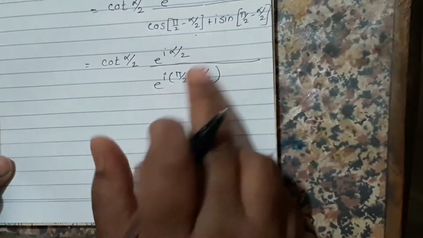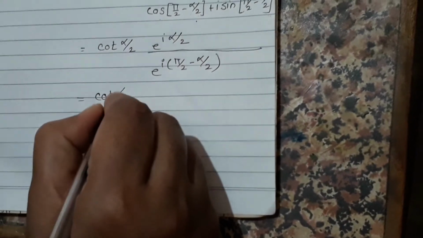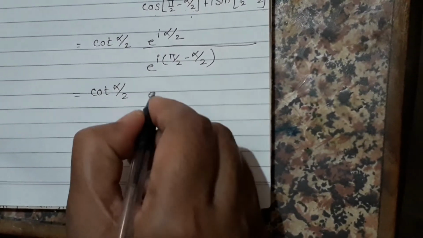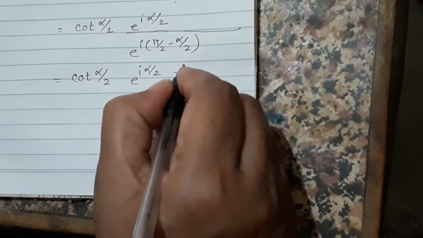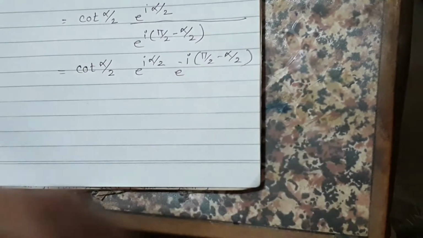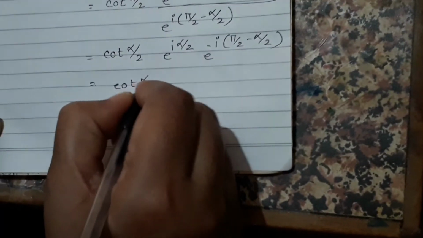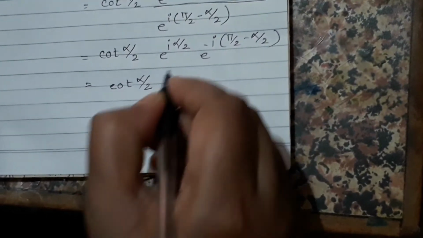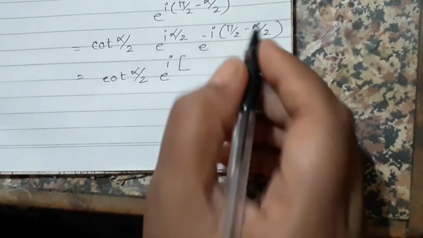And that term we transfer to the numerator. So it can be written as cot of alpha by 2, here is e raised to i alpha by 2, e raised to minus i into (pi by 2 minus alpha by 2). So cot alpha by 2 as it is, e raised to i, we take common here, and we add all the terms as the base is the same, so we can add the powers.